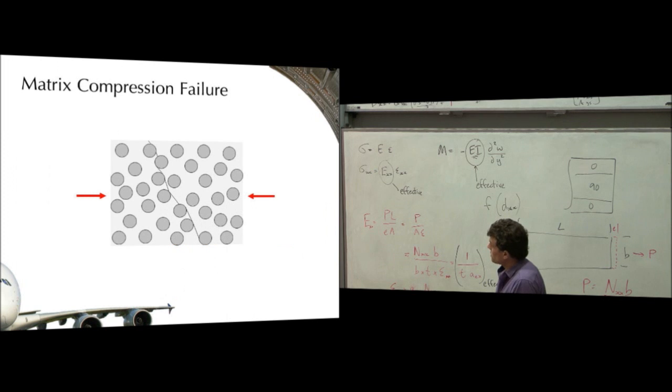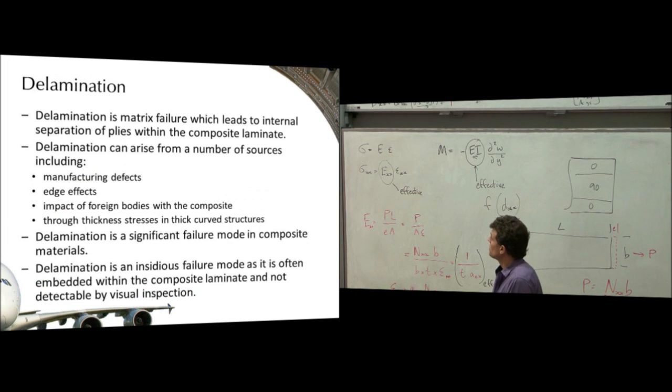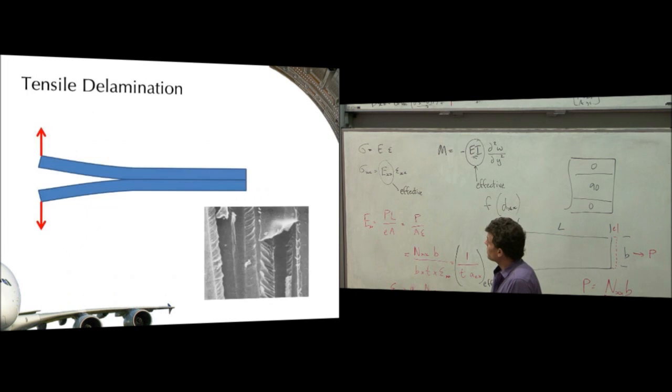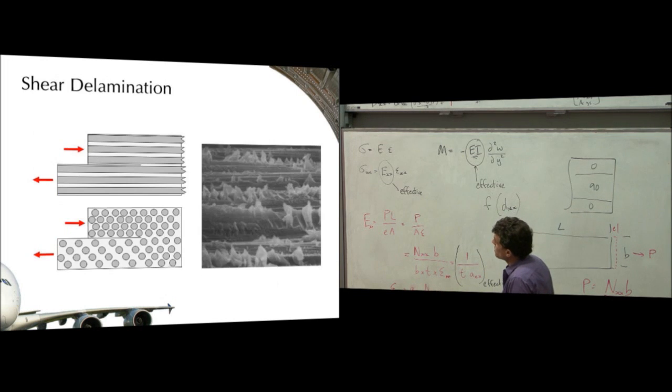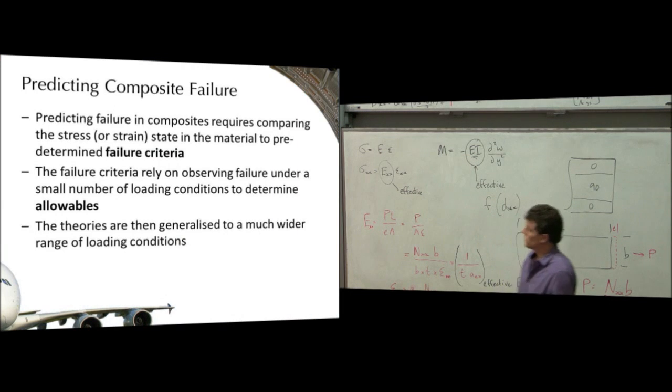If you load the matrix in compression, you'll get a compressive crack in the matrix, and this sort of looks like the compressive crack in concrete or something like that. Shear failures, delamination where the plies themselves actually break apart. So there's lots of complicating factors here. And we need to predict failure using a theory of failure.